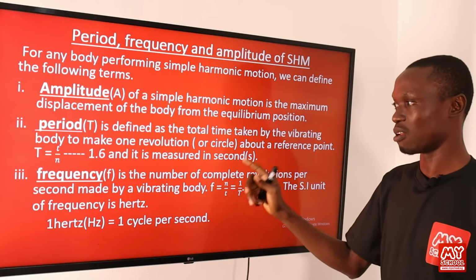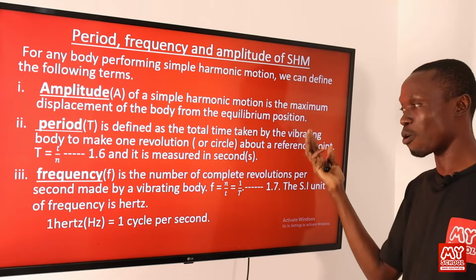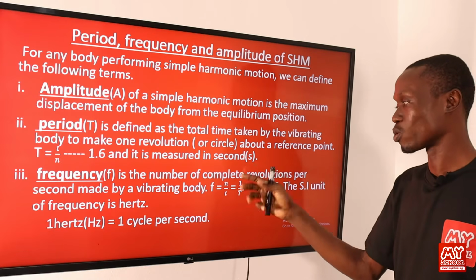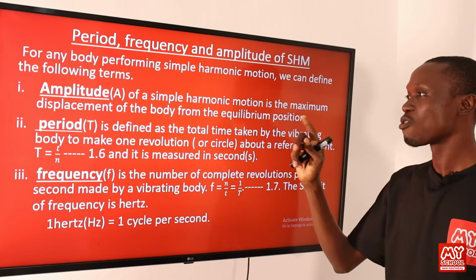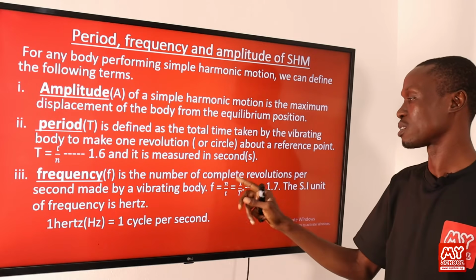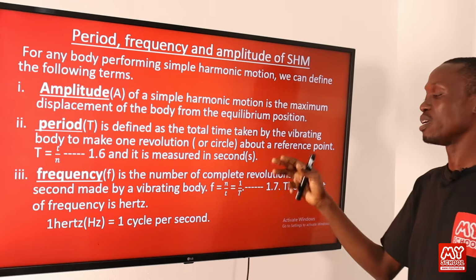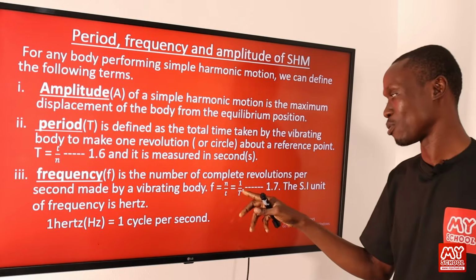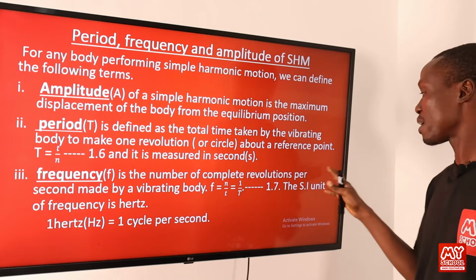So mathematically, frequency is equal to n all over t, where n stands for the number of revolutions or number of circles all over time. From here, you can see that the relationship between frequency and period is that frequency is equal to 1 over T, meaning that frequency is the inverse of period, and we call this equation 1.7.